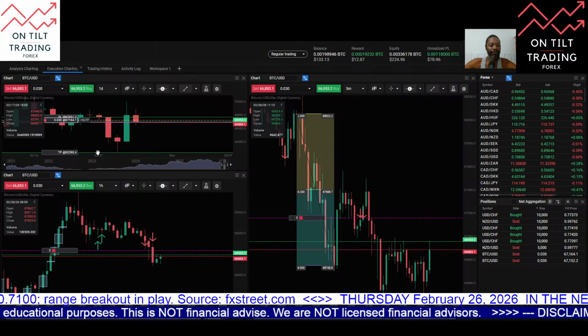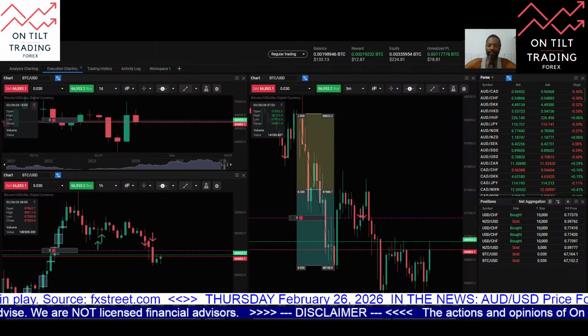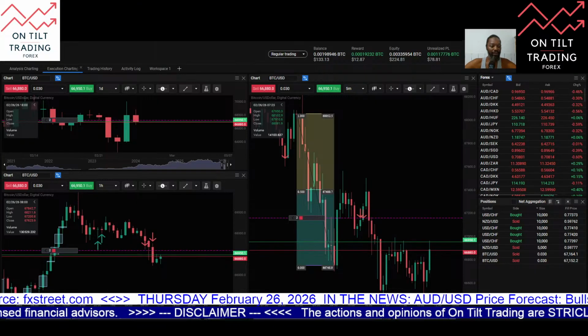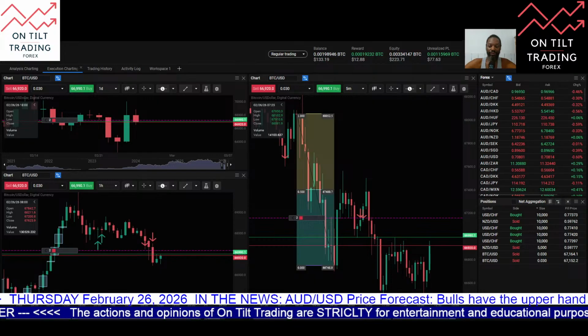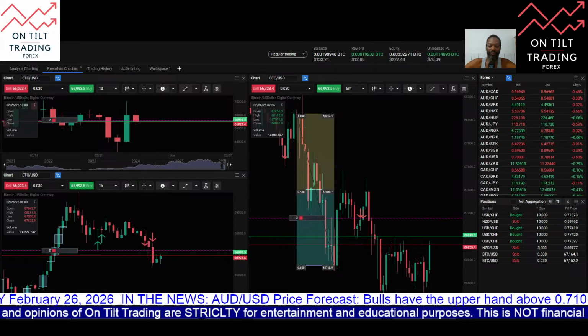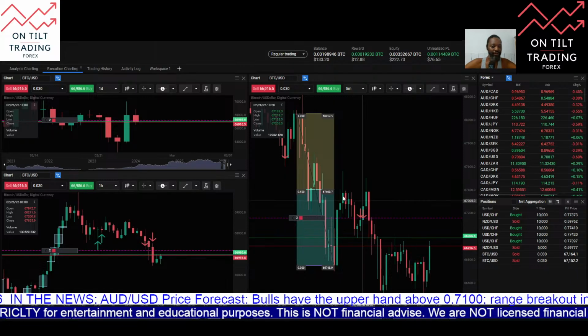But we'll see how price action plays out. Right now price has been respecting my trade idea overall in all the positions, so we'll see if price will continue to do that moving forward into today's New York PM session.